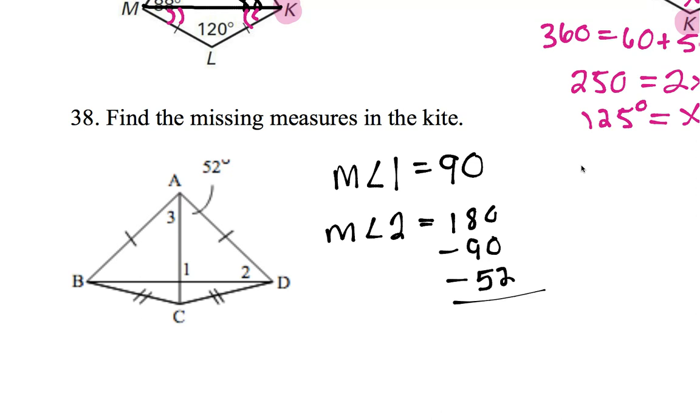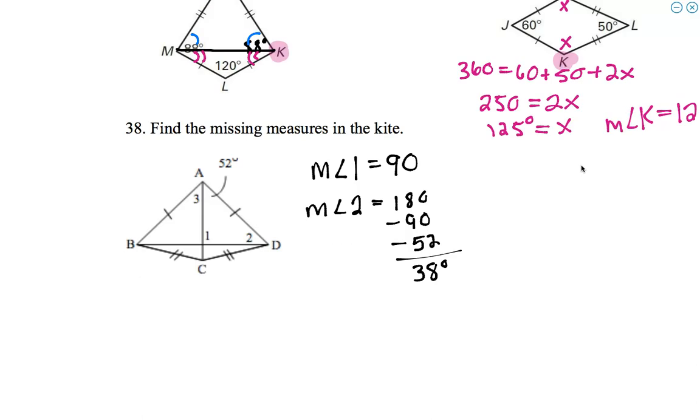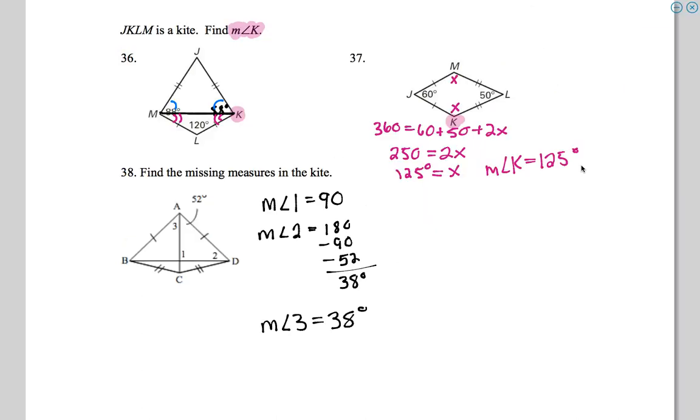So technically I would have been all right there. And that's 38 degrees. Which means that the measure of angle 3 is 38 degrees because we created two congruent triangles right there. Two congruent triangles. CPCTC tells us that 3 is 52.